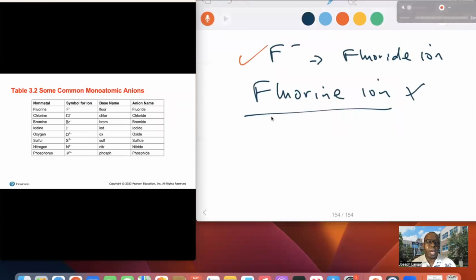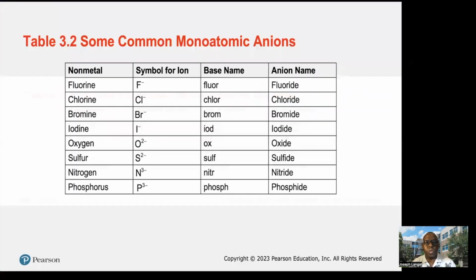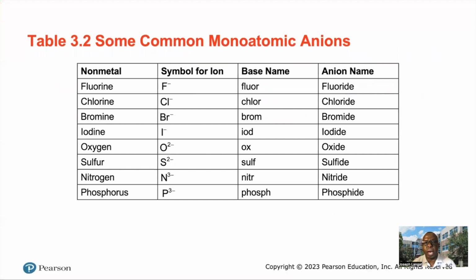Don't say fluorine ion. I've seen students say, oh, this is bromine ion, or this is iodine ion. That is wrong, though it is common. I want you to make your own notes on how you name these monoatomic anions. Remember, there is also polyatomic, which is coming down the line as well.